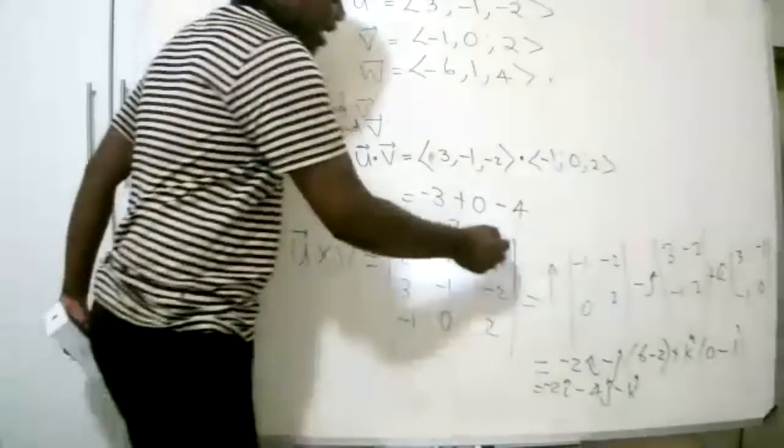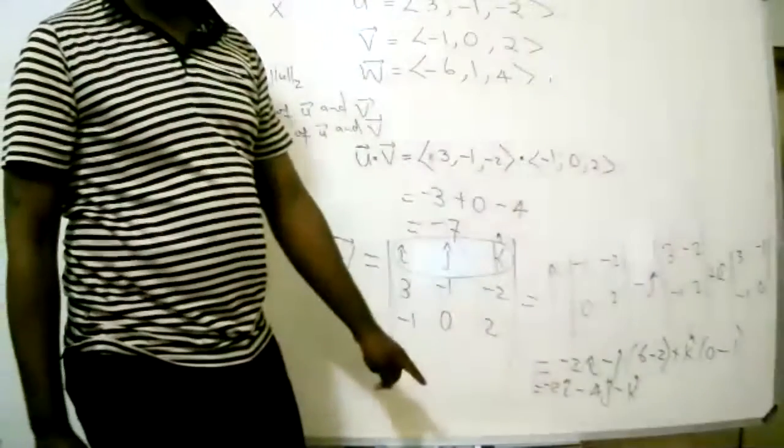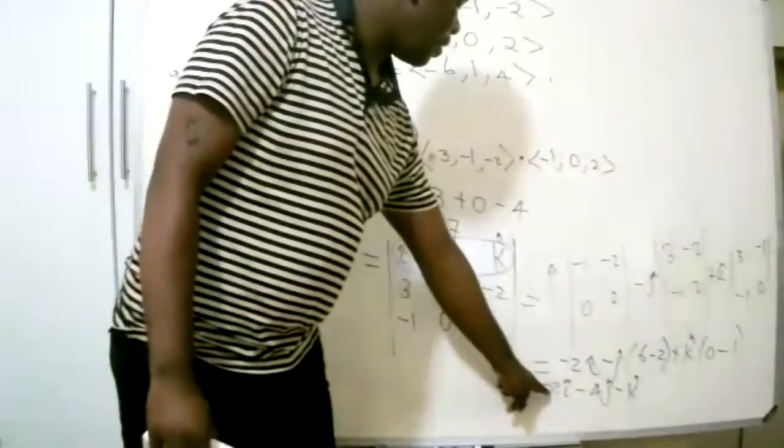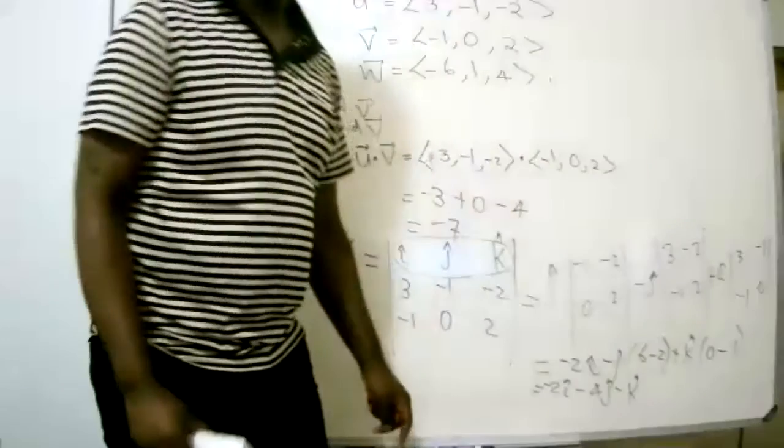Yes, the direction. These are the directions of these vectors. So this vector is negative i for the zero.